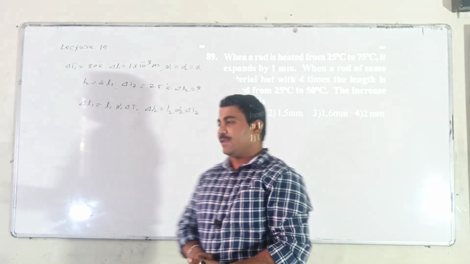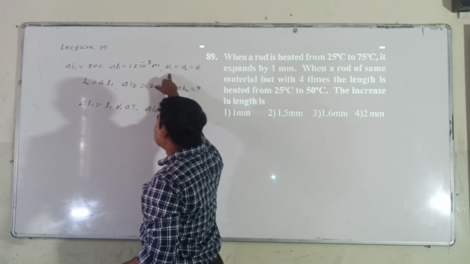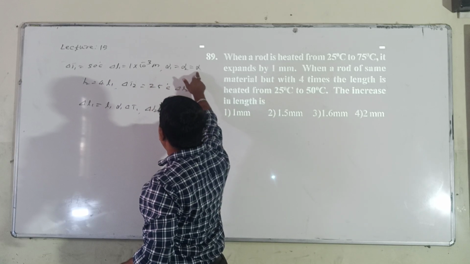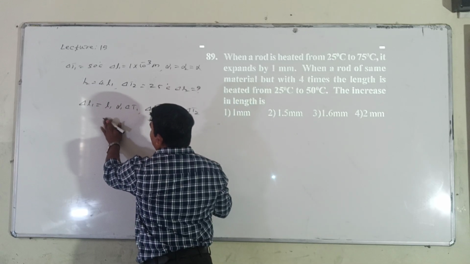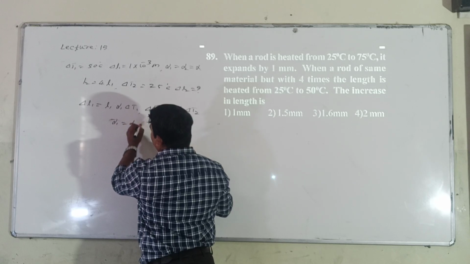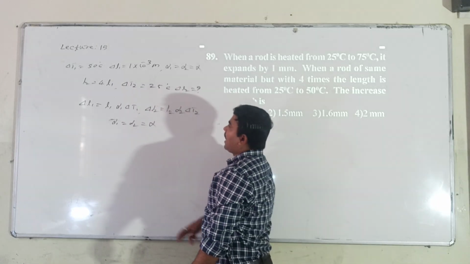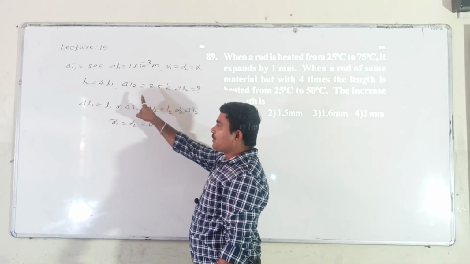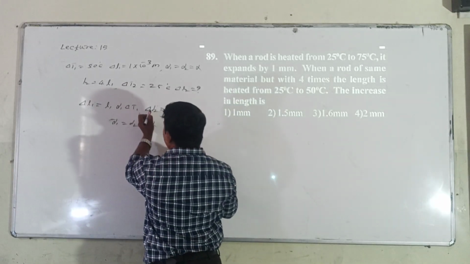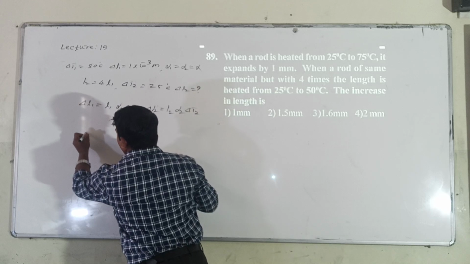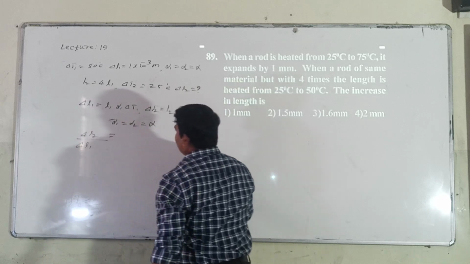The given condition is that both have the same nature, alpha 1 equals alpha 2 equals alpha, and the second length is 4 times the initial length. Directly I will divide delta L2 by delta L1. Delta L2 how much?